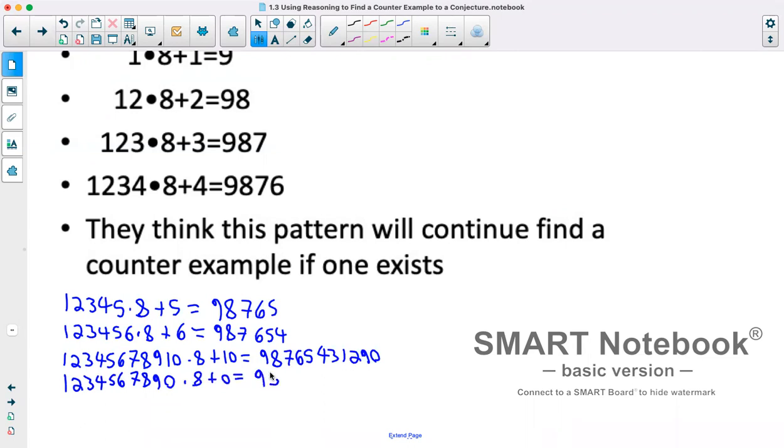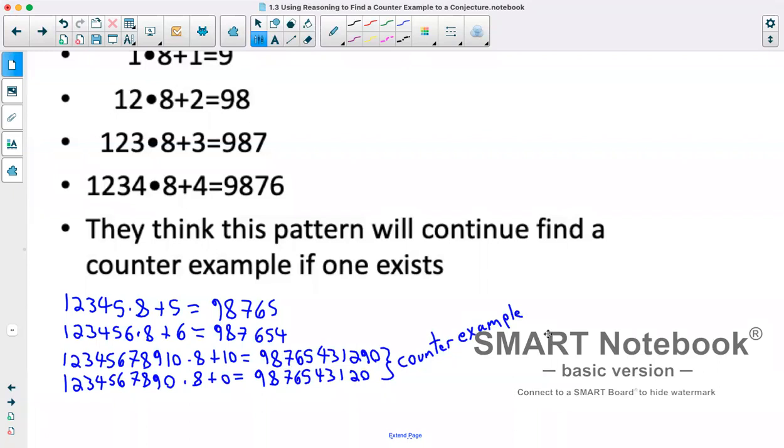That gives us 9, 8, 7, 6, 5, 4, 3, 1, 2, 0. So that also doesn't follow the pattern. So we can say that these are counterexamples. So we found a spot where the pattern no longer holds.